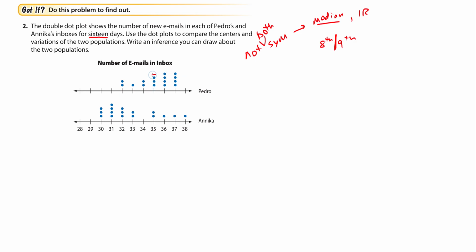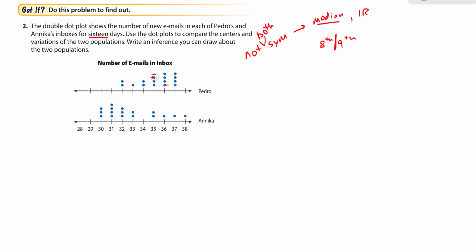So where would this 8th one be? It would be at 35. So the 8th one is right here, and this is the 9th one, and it's at 36. The median is halfway between those two.